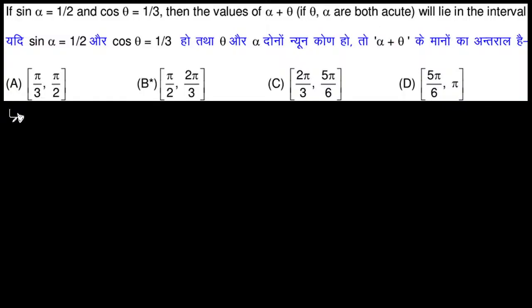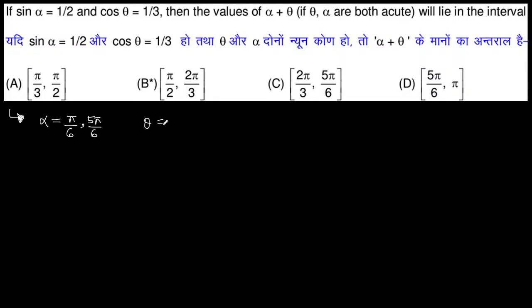Sin alpha equal to 1 by 2, cos theta equal to 1 by 3. Then the value of alpha plus theta will lie in the interval. So alpha is 30 degrees or 150 degrees.